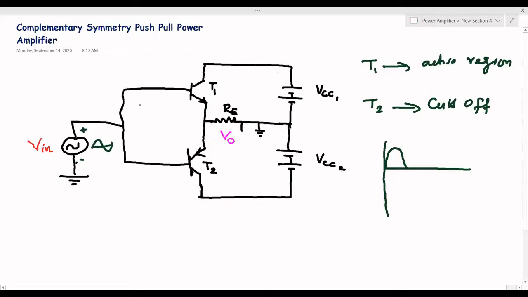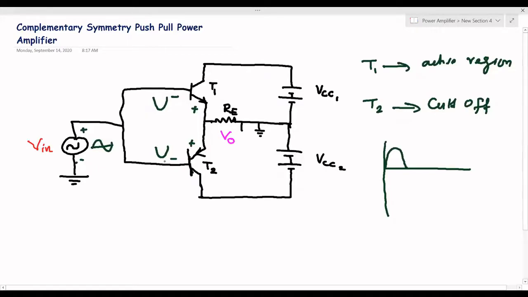During the negative half cycle of the input AC, the base emitter of T1 becomes negative, and the base emitter of T2 is also getting a negative voltage. Now, T1 is an NPN transistor. A negative voltage at the base of T1 will make its base emitter reverse biased.